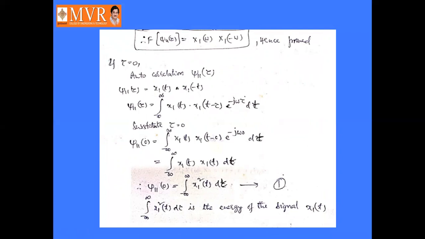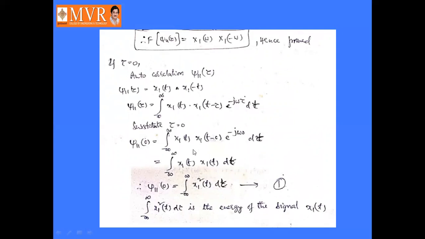If tau equal to 0, then the autocorrelation function phi11 of tau is equal to the integral from minus infinity to infinity of x1 of t into x1 of t minus tau into e power minus j omega tau dt. So replace tau by 0, so that it will become the integral of x1 of t into x1 of t minus 0 into e power 0 dt.